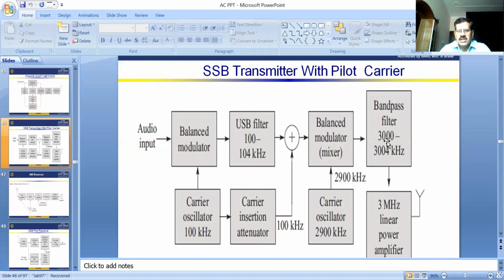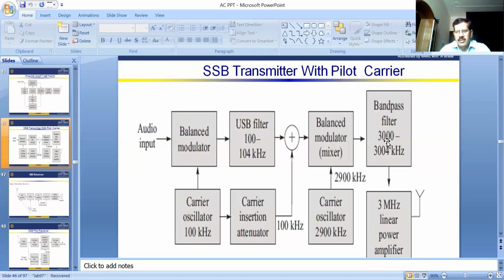These two signals are mixed in the balanced modulator, and after mixing, the output of the balanced modulator is applied to the band pass filter, which has a frequency range of 3000 to 3004 kilohertz.